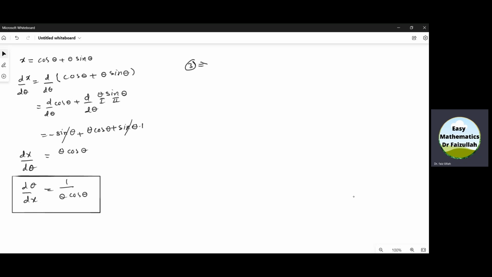Now we need to substitute these values in formula number 3. So let us write formula number 3 here, which is dy by dx equal to dy by d theta into d theta by dx. And now let us substitute these values. So the value of dy over d theta is theta into sine theta, and the value of d theta over dx, which is given here, is 1 over theta into cos theta.